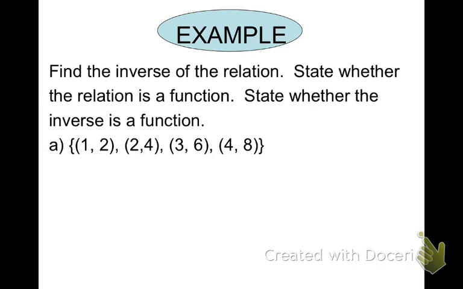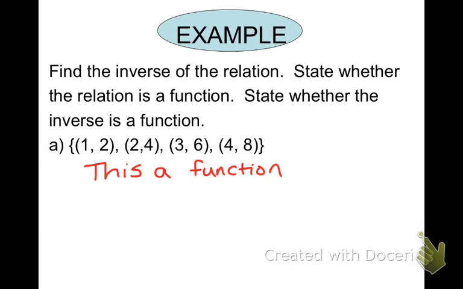The first question we have to ask ourselves is, is this relation a function? How do I know it's a function? No repeated x terms. Perfect. This is a function. We don't have repeated x terms in our ordered pairs.